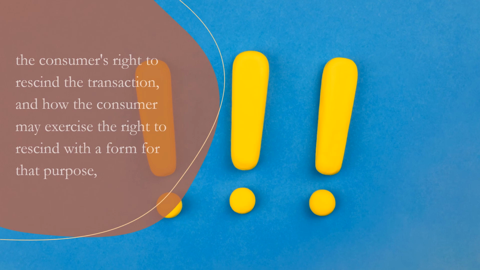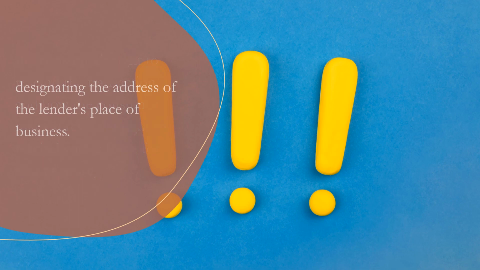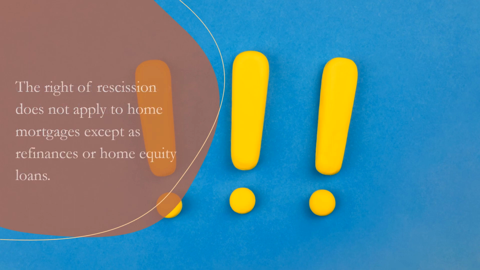The consumer's right to rescind the transaction and how the consumer may exercise the right to rescind with the form for that purpose, designating the address of the lender's place of business. The right of rescission does not apply to home mortgages except as refinances or home equity loans.